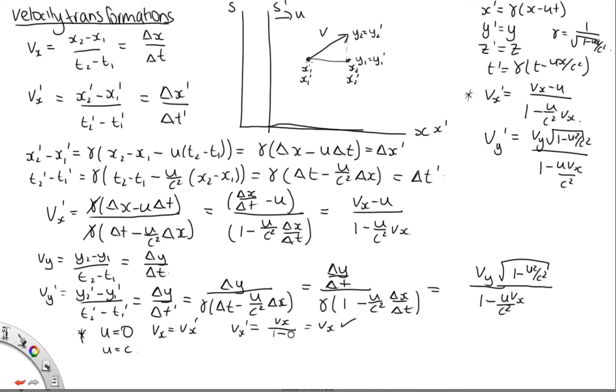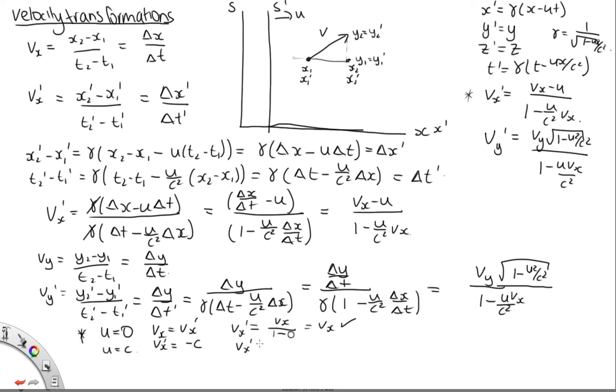Let's now consider S dash moving in this direction with a speed c, so let's let u equal c. Now if we were considering a particle in frame S dash, it's going to look like it's moving at the speed of light, but in the opposite direction, in the negative x direction, so we'd expect Vx dash to be equal to minus c.